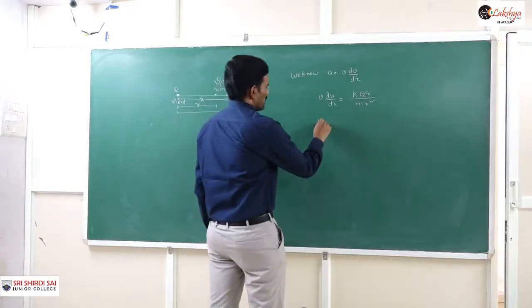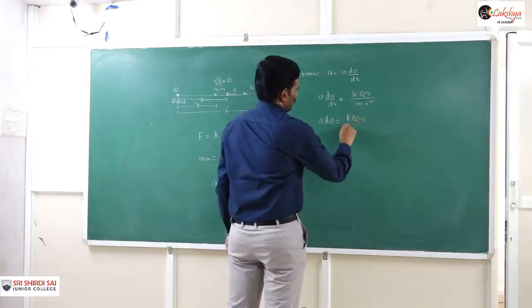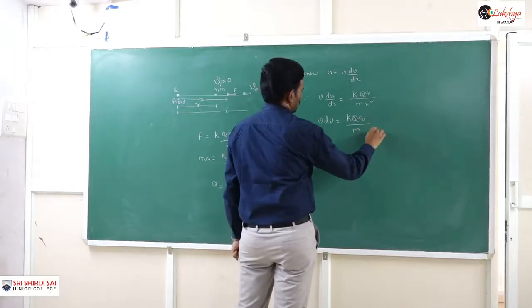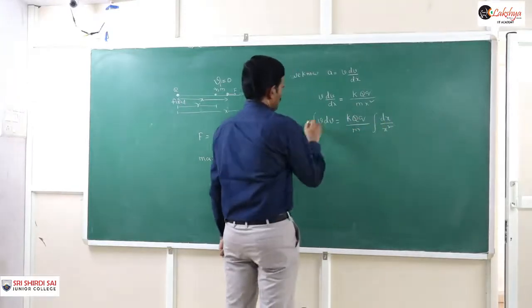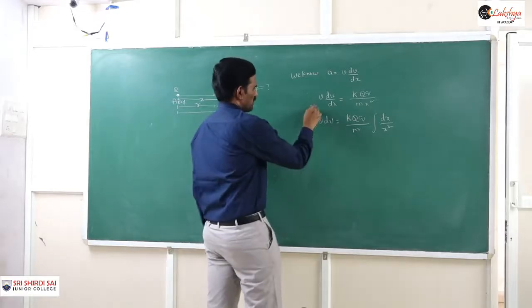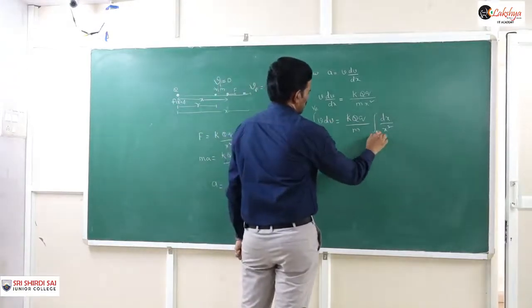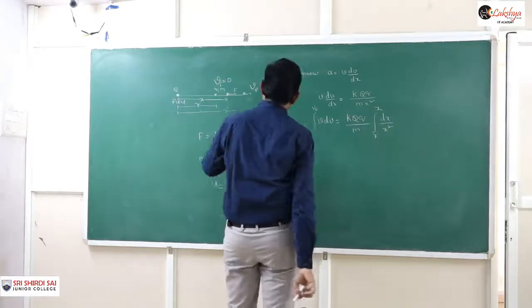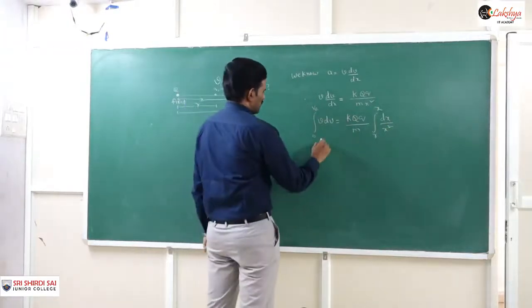Just by rearranging the terms, we integrate this: v dv equals K Q q by m into dx by x square. I am taking integration on both sides. Initially it starts from rest, and we need to find the final velocity. The initial separation is r and the final separation is x. Now we integrate this.